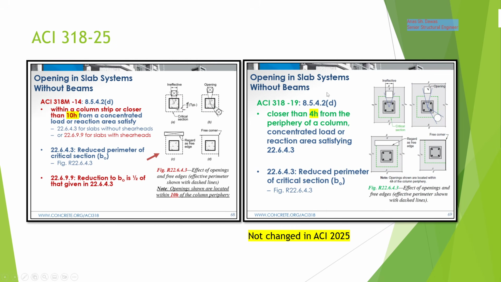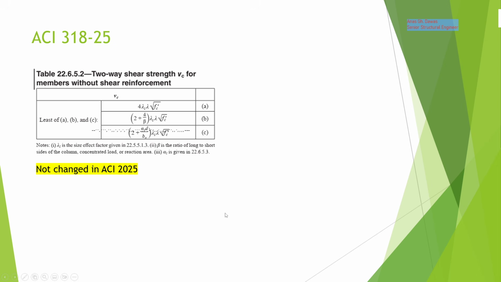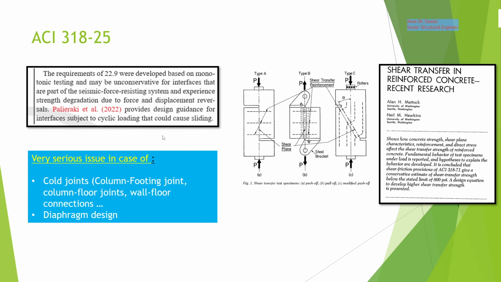For the opening effect on the punching or two-way shear capacity, no changes in ACI 2025. In fact, it is almost the same. Also for two-way shear strength equations, we have the same equations, no major changes.